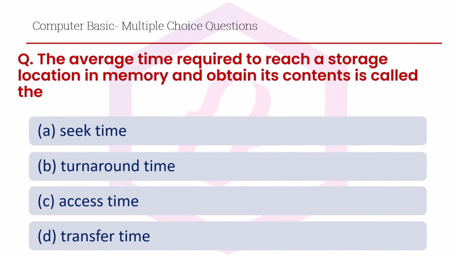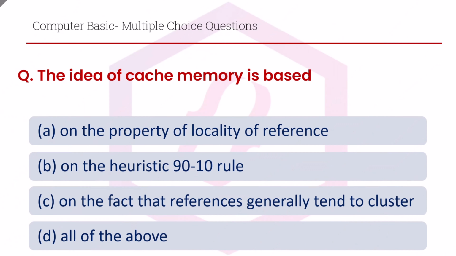The average time required to reach a storage location in memory and obtain its contents is called seek time, turnaround time, access time, transfer time. And the correct answer is option C, access time. The idea of cache memory is based on the property of locality of reference, on the heuristic 90-10 rule, on the fact that references generally tend to cluster, all of the above.